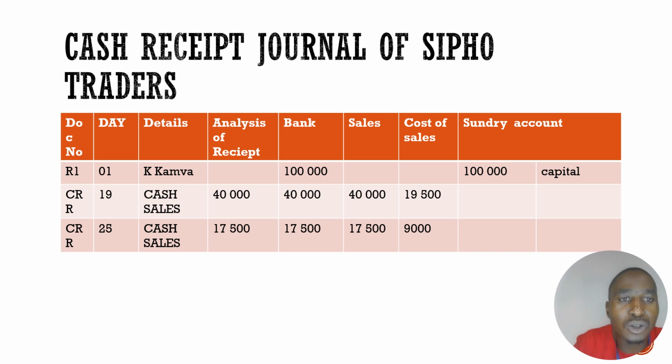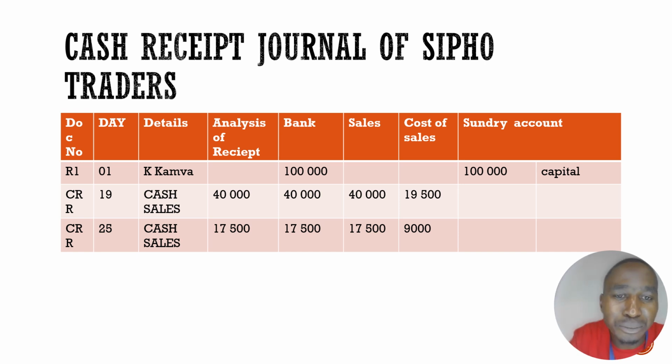This is how we'll record that transaction on the CRJ. You'll have your CRR as a source document number. Always when you're doing cash sales, you have your CRR as a source document number. CRR stands for cash register roll. And you have your day, that is the 25th of July, and you have your cash sales under details, and you write 17,500.